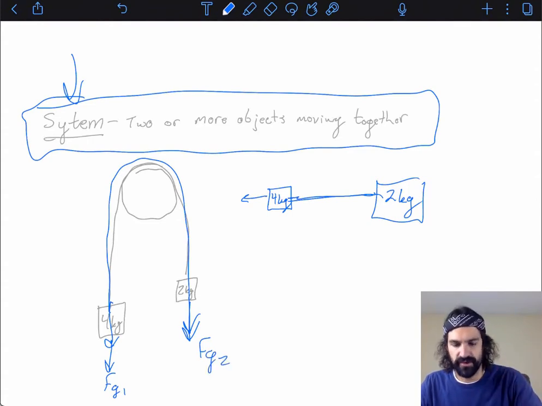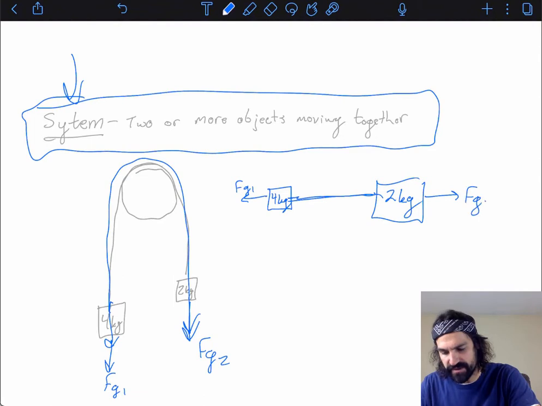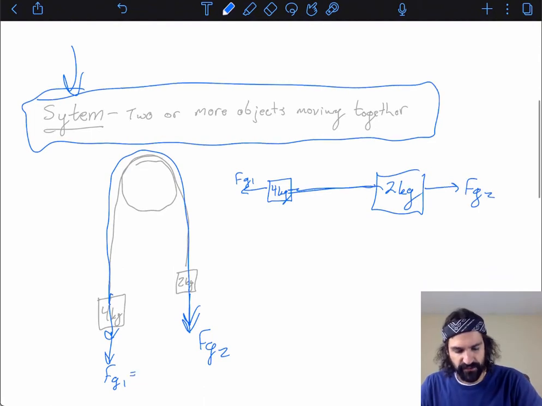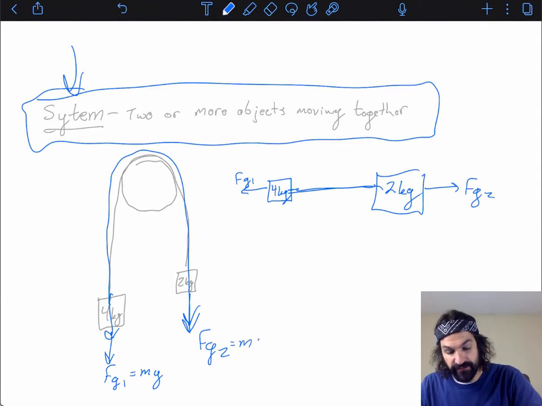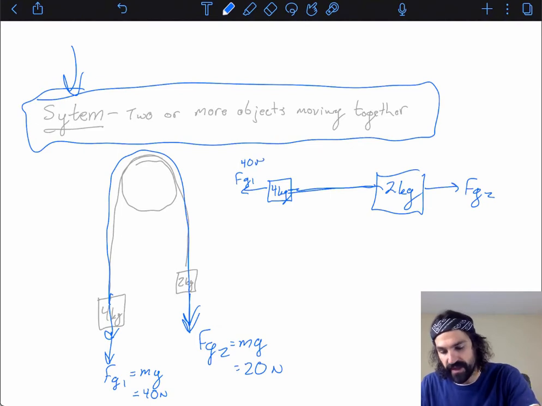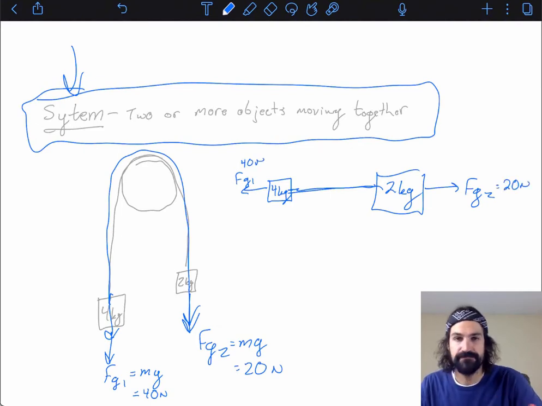If we unbend them, FG1 is to the left, FG2 is to the right. And because the force of gravity is mass times gravity, the objects' weights would be 40 and 20 newtons respectively. And if we apply that up here, we have 40 newtons to the left and 20 newtons to the right.